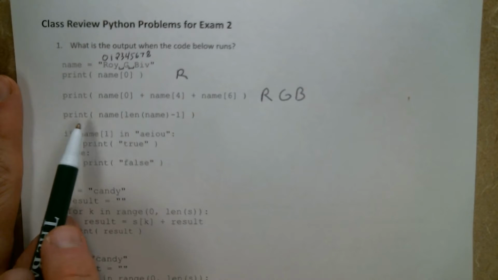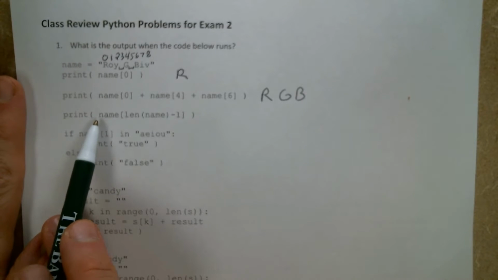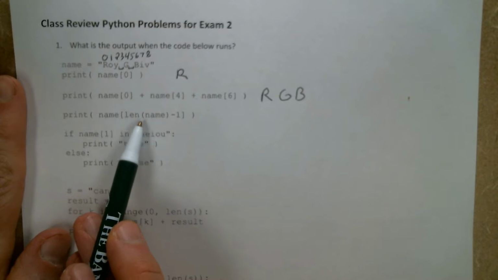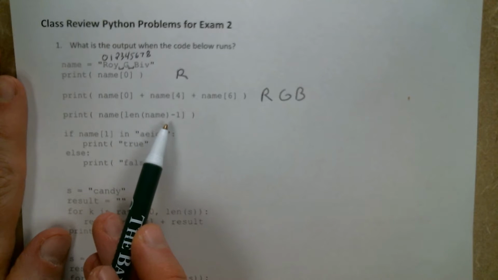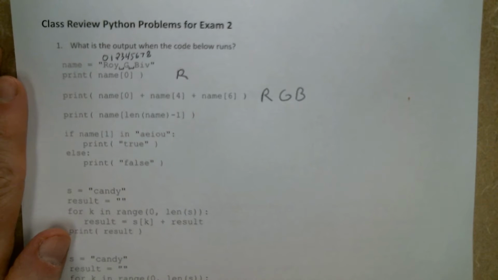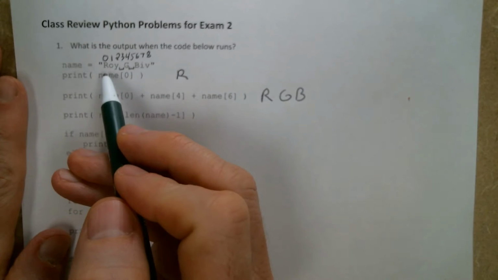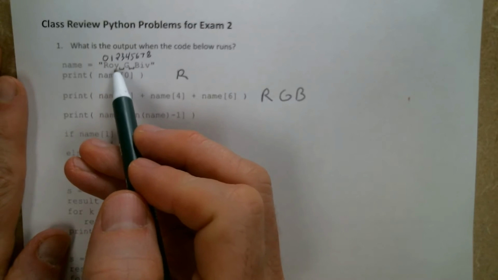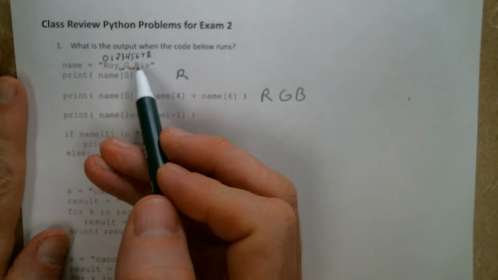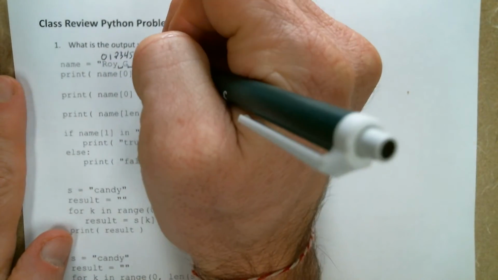All right, this one says print the name, and then the index is the length of name minus 1. This is another good point to consider: this string has 1, 2, 3, 4, 5, 6, 7, 8, 9 total characters.